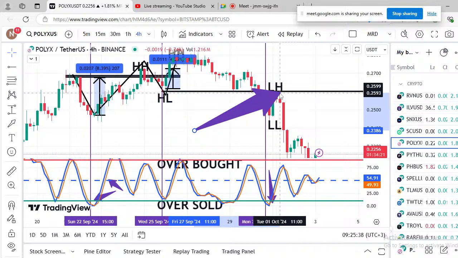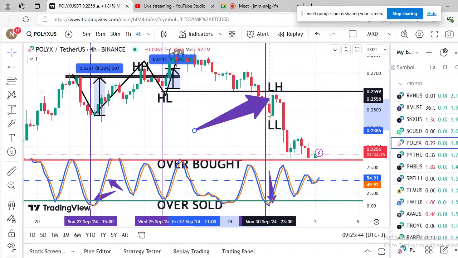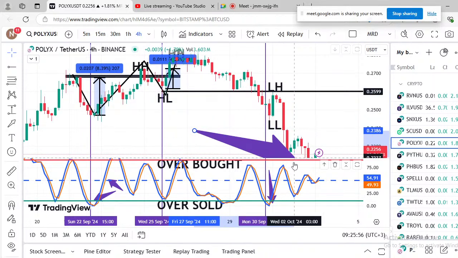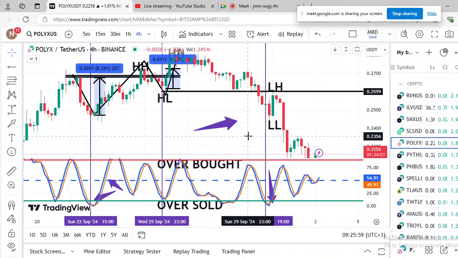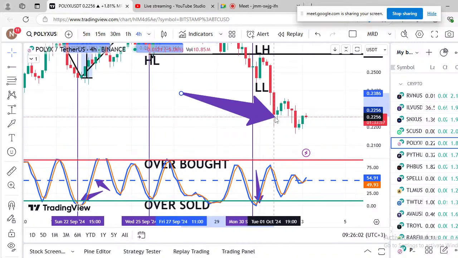And now at this time, it was resistance, because market was coming back to test it. Therefore, we were expecting market to respect this black line. After touching, then we drop to form a new lower low, whereby you can see it here. This is a new lower low.